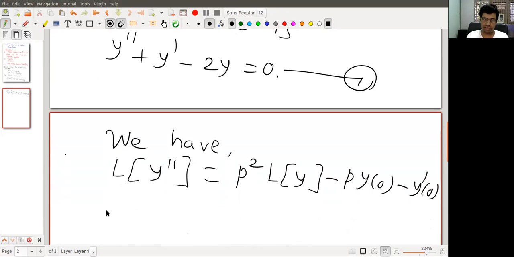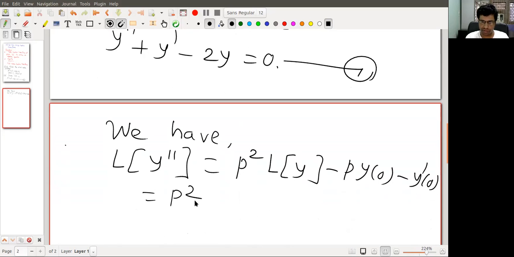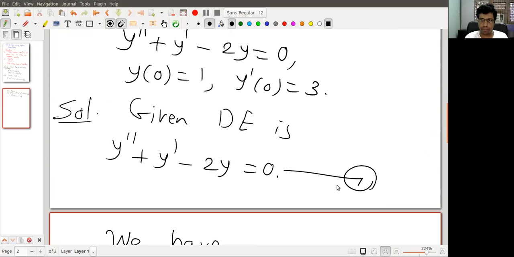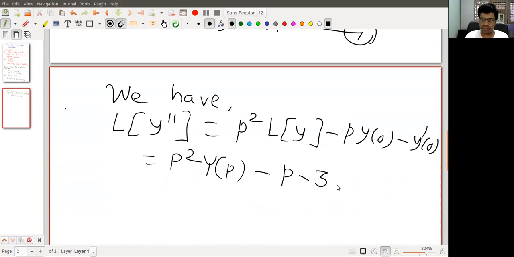Y of 0 is 1, y dash 0 is 3. So this is equal to p square, now L of y we call it as capital Y, which is function of p, minus p into y of 0, y of 0 is 1, minus y dash 0, y dash 0 is 3. We call this as equation 2.